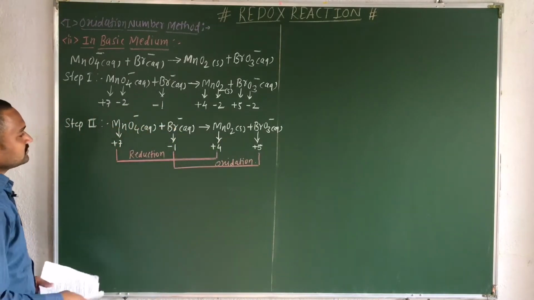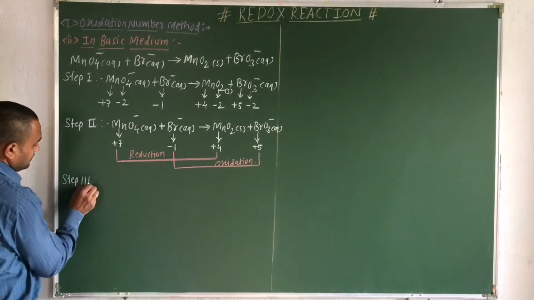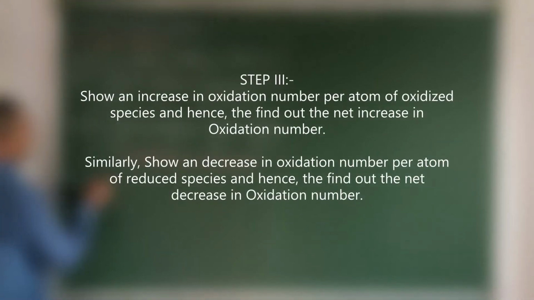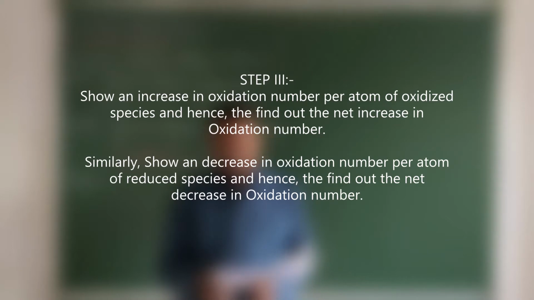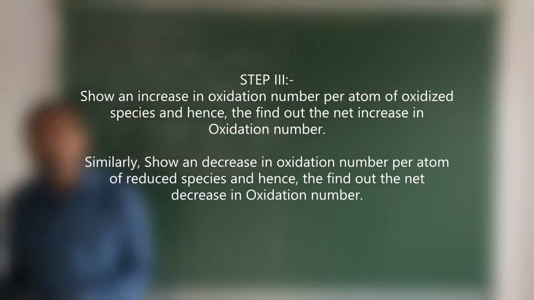Now let us find out step number three: show an increase in oxidation number per atom of the oxidized species and hence the net increase in oxidation number. Similarly, show a decrease in oxidation number per atom of the reduced species and the net decrease in oxidation number. That is our step number three.